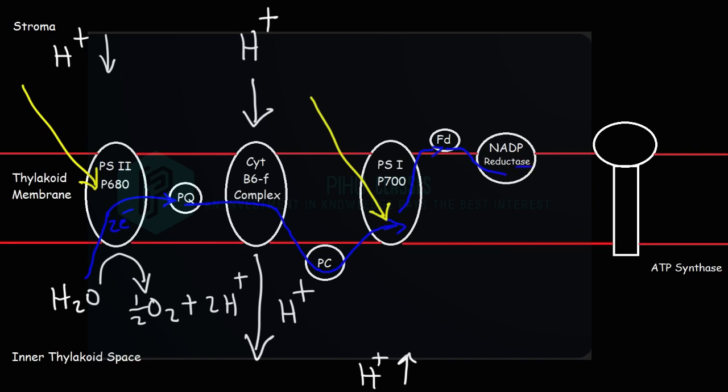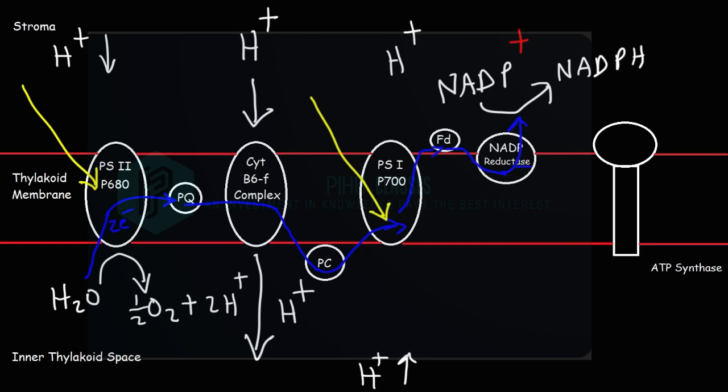You can see the word ase. This enzyme is going to reduce NADP+. So the electrons are going to leave, and they're going to meet up with NADP+. Once NADP+ accepts the electrons, along with a hydrogen ion, it's going to be reduced into NADPH.